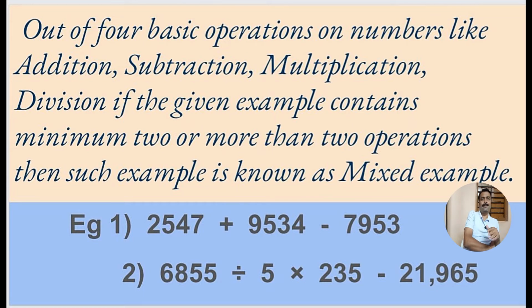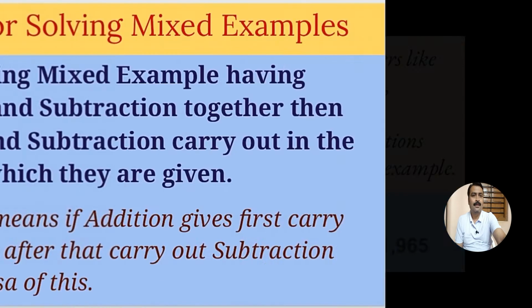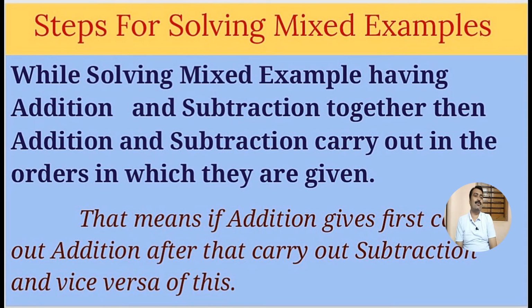So such an example is known as a mixed example. After taking the meaning of mixed examples, now we have to proceed. When mixed examples are given to solve, which steps we have to follow in solving them, those steps we are now going to explain.